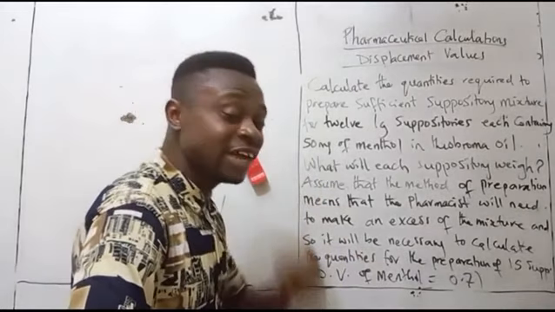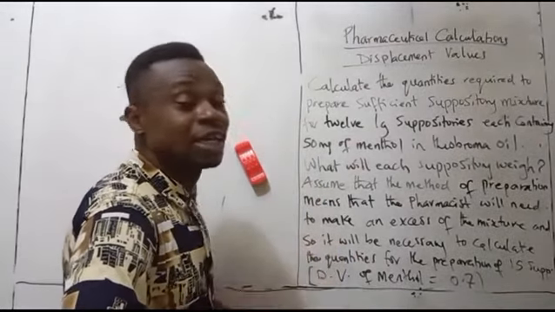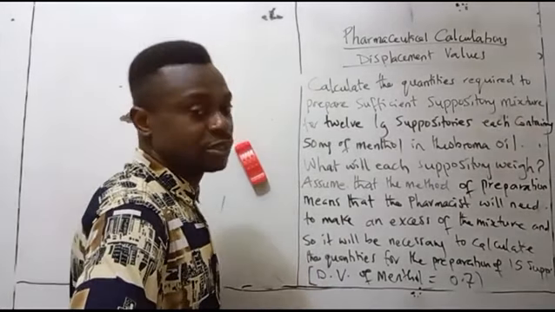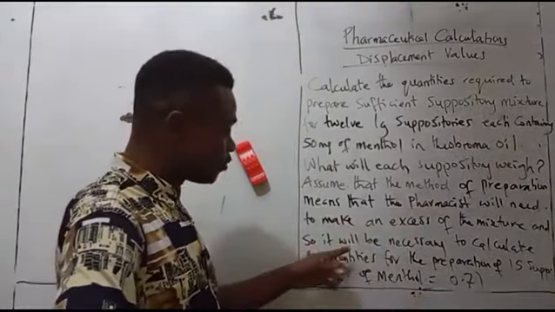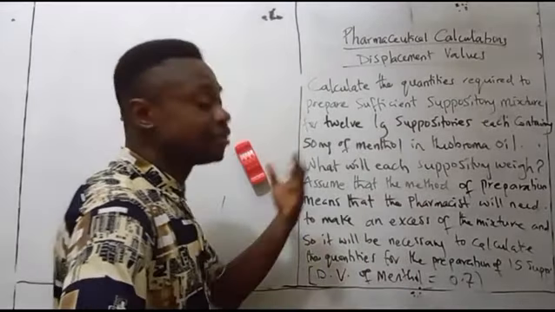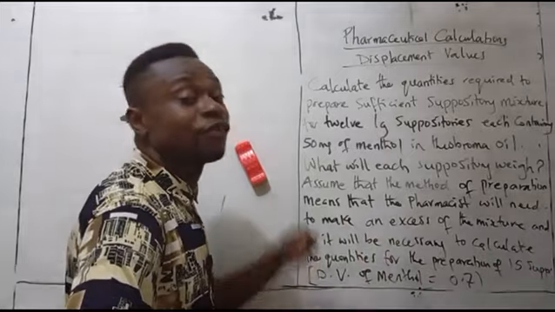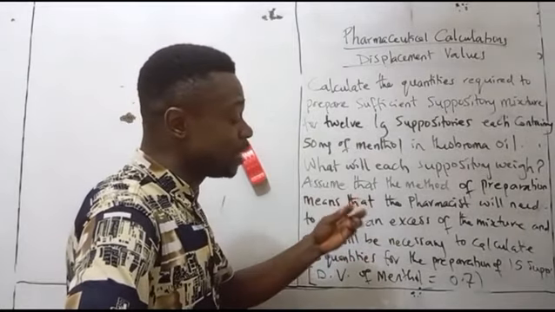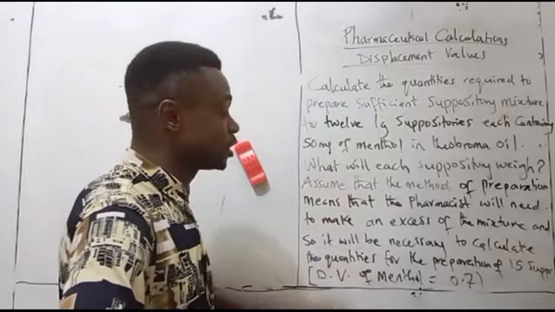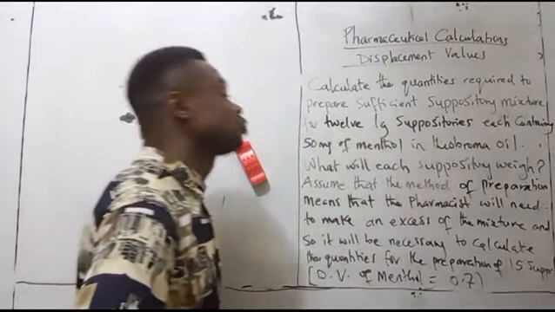But if you measure exactly enough for 12, after the losses, you may not even get up to 10 suppositories. So that's why there's need for the excess, extra ingredient for 3 suppositories, making it 15 suppositories in all.